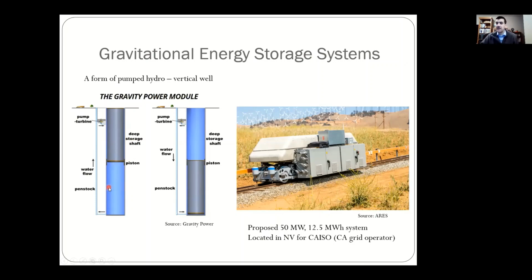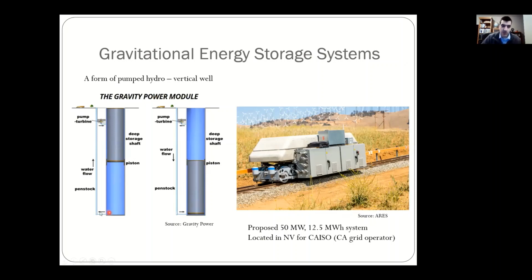This is like a large diameter water well. And it's going to push down on this volume of water, and the water will be displaced. The water will come through this pipe and then go through this pump/turbine, and that will produce electrical energy. So we're using gravity to pull down on the concrete.